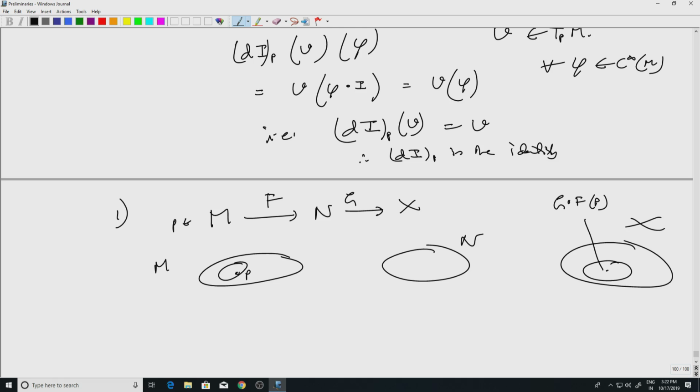The way I construct these two charts is, of course, I have to use the hypothesis on the smoothness of G and F.